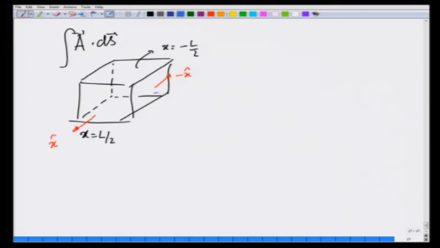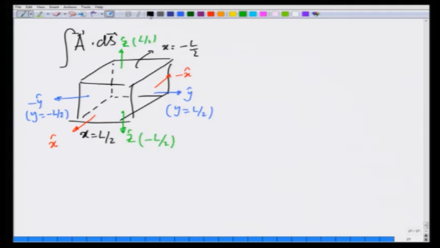Similarly, on y direction unit vector here is positive y, on this side is minus y, at y equals L by 2, and this is at y equals minus L by 2, and on the top surface z, bottom surface minus z unit vector, and this is at minus L by 2, and this is at L by 2.